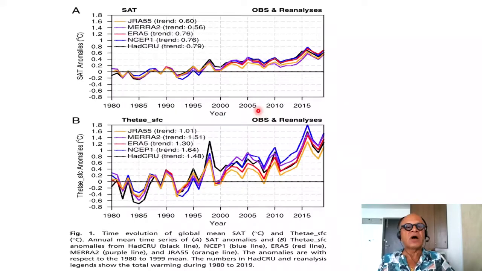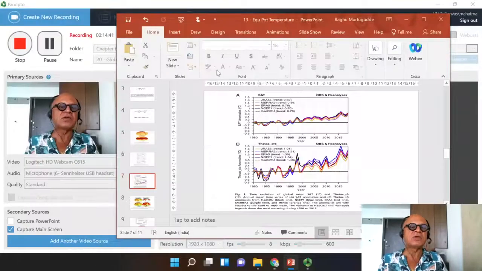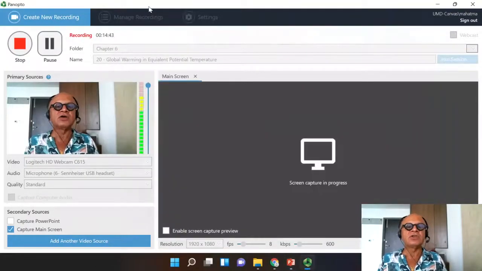Okay, so I will stop here and then come back to look at other consequences of looking at quantities that we have looked at for global warming, but now looking at them in terms of surface equivalent potential temperature.